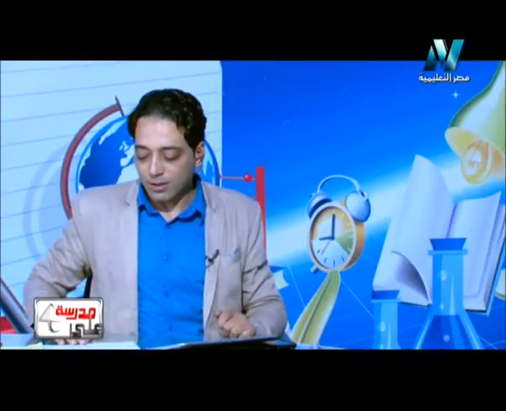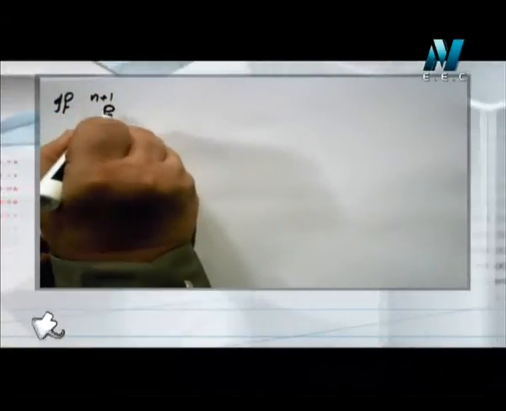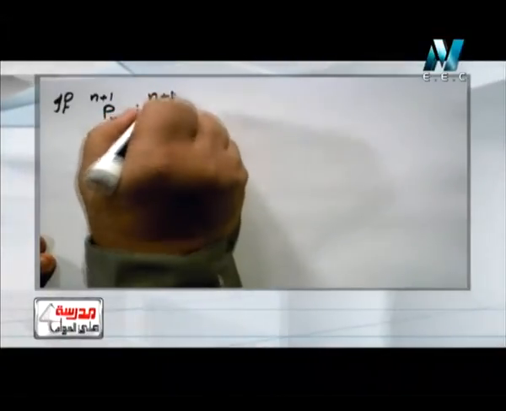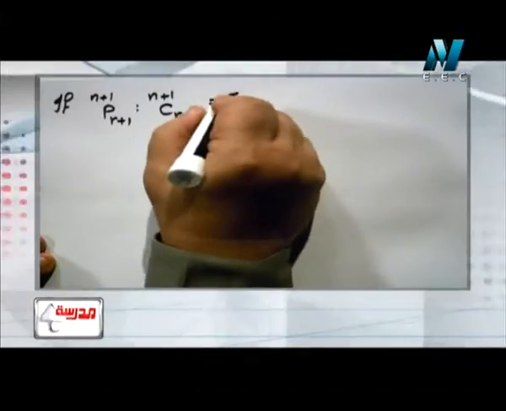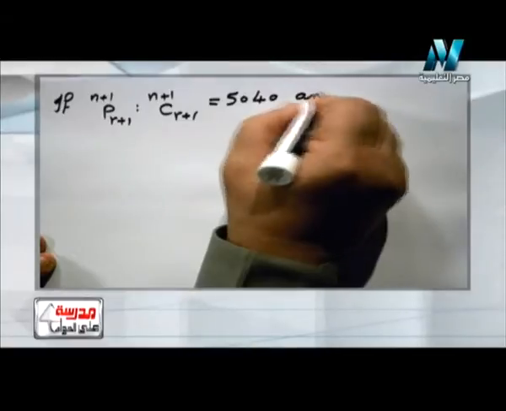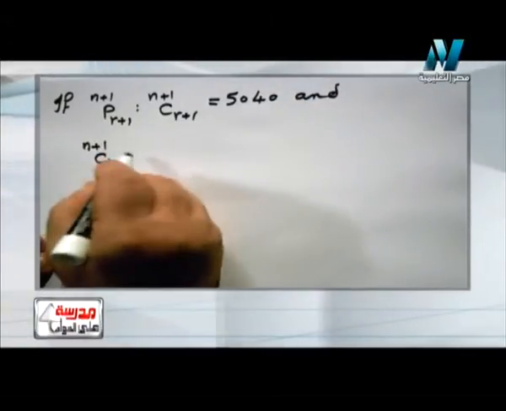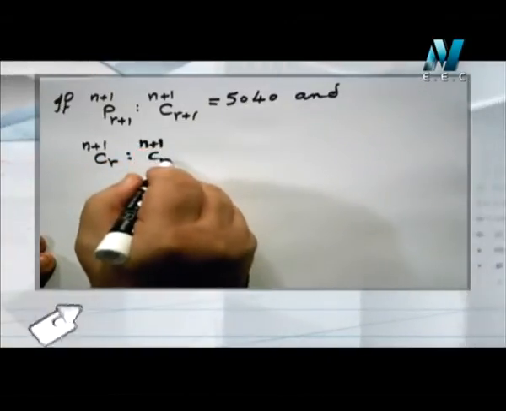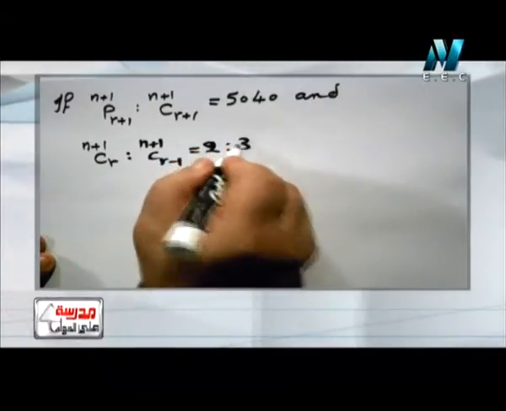Let us now move to the fourth one, which says: if (n plus 1)PR plus 1 over (n plus 1)CR plus 1 equals 5040, and (n plus 1)CR over (n plus 1)CR minus 1 equals 2 over 3, then find R and n.